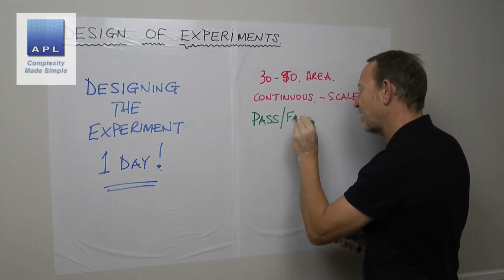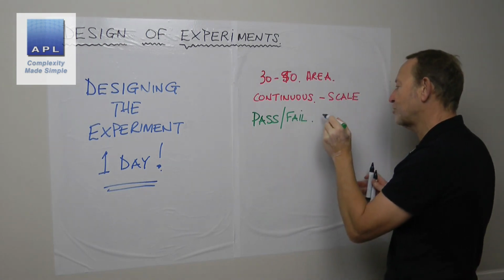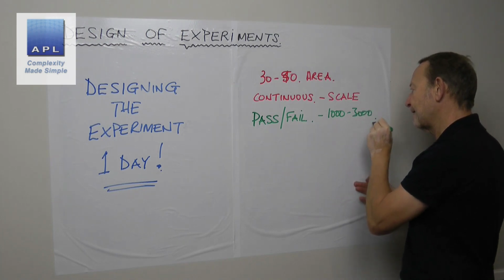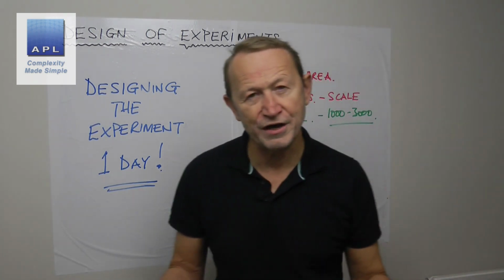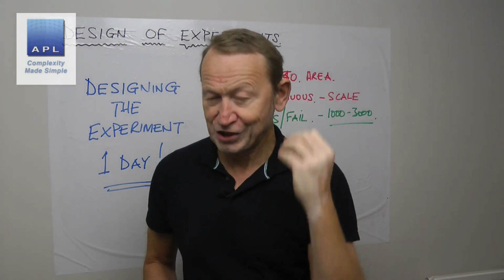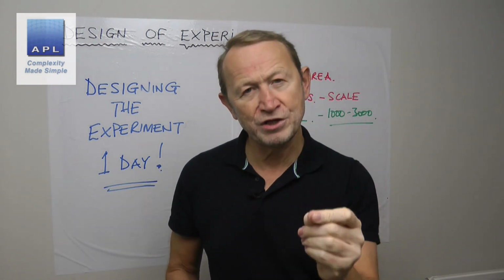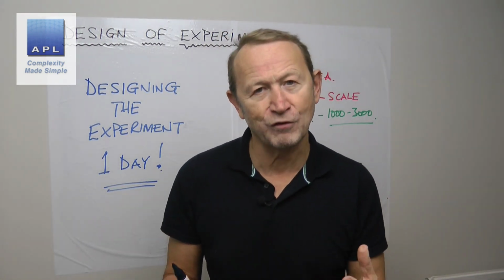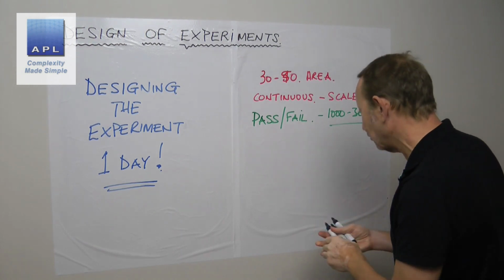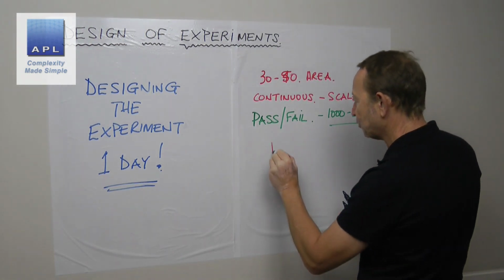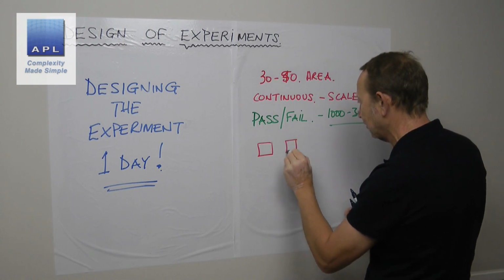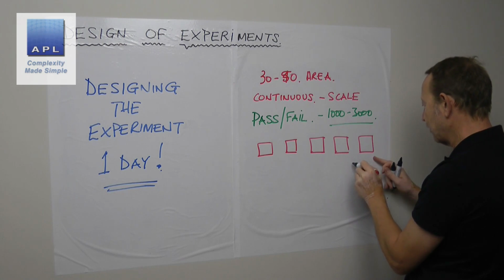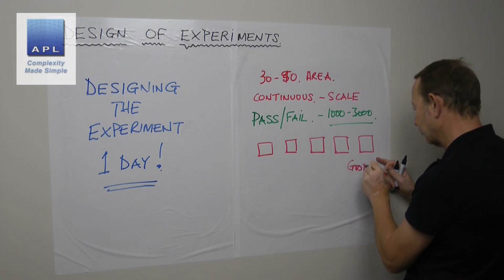If you measure pass and fail, a defect rate type of output, the sample size goes 1,000 to 3,000. So this is crucial. If you don't have a measurable output, invent a scale for it. So if you have pass fail, what would I do? I'd put the components on the table like this. Over on this end, maybe these are the good ones.